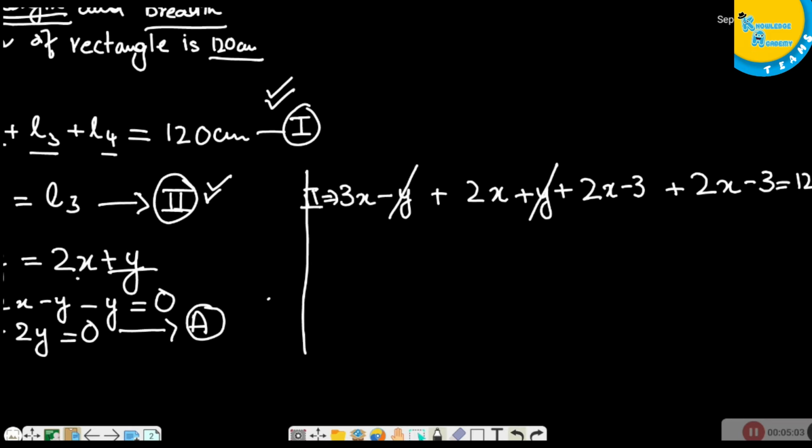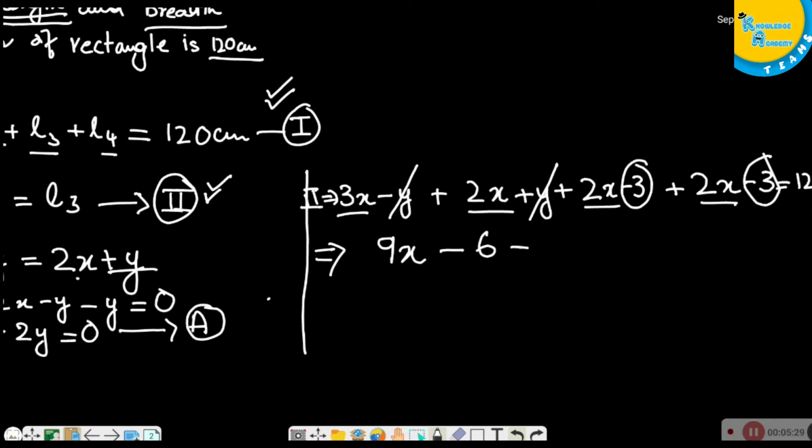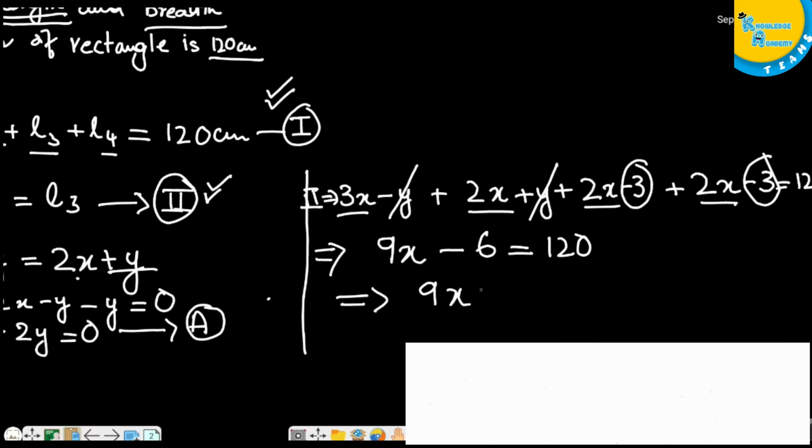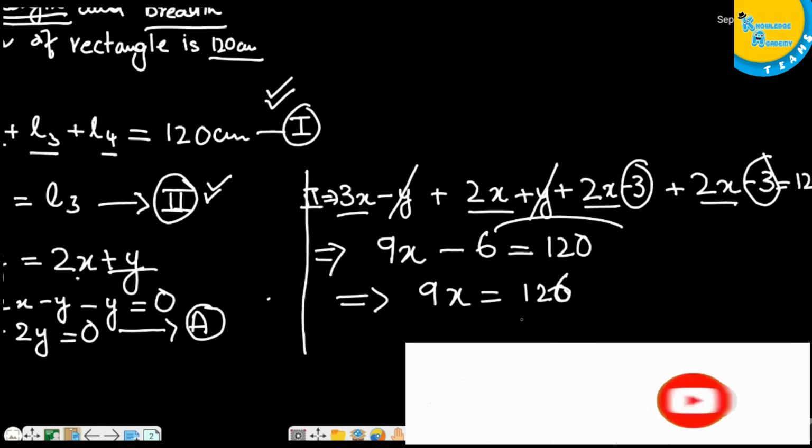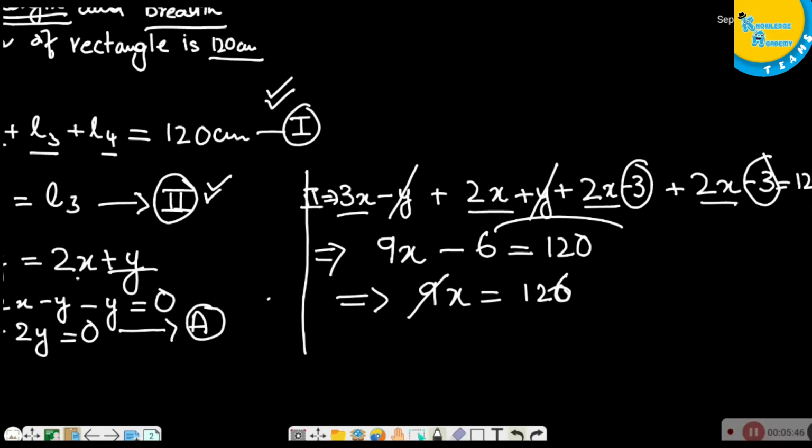Minus y plus y cancel; 3x, 2x, 2x and 2x, we are going to add them: 9x. Now 9x minus 3 minus 3 means minus 6 is equal to 120, which means 9x is equal to, this will go on the other side and become plus 6, 126.